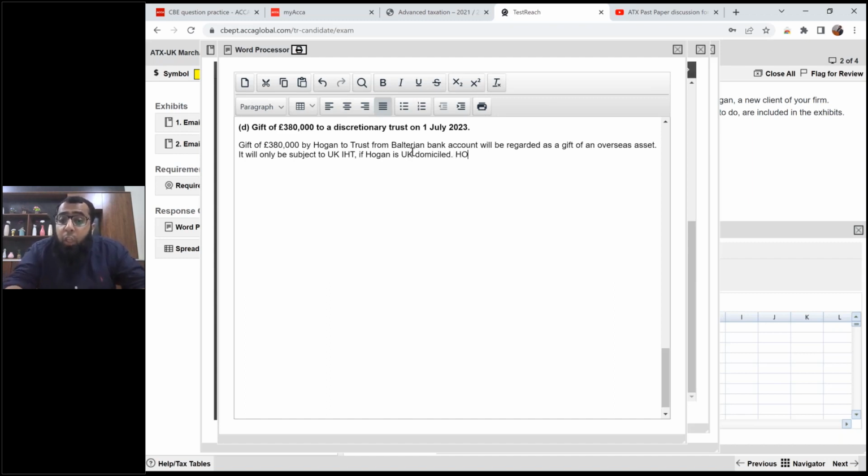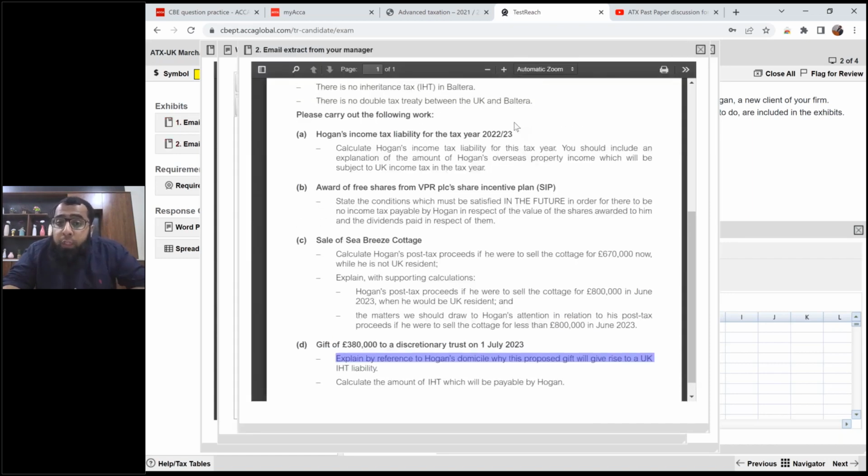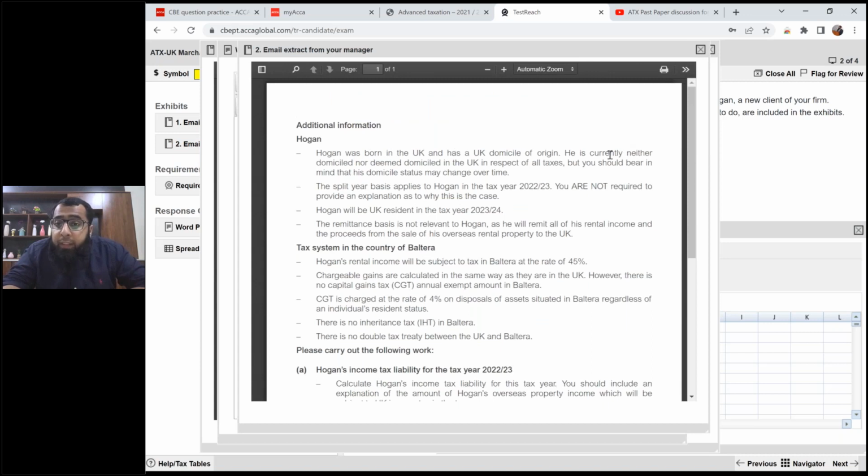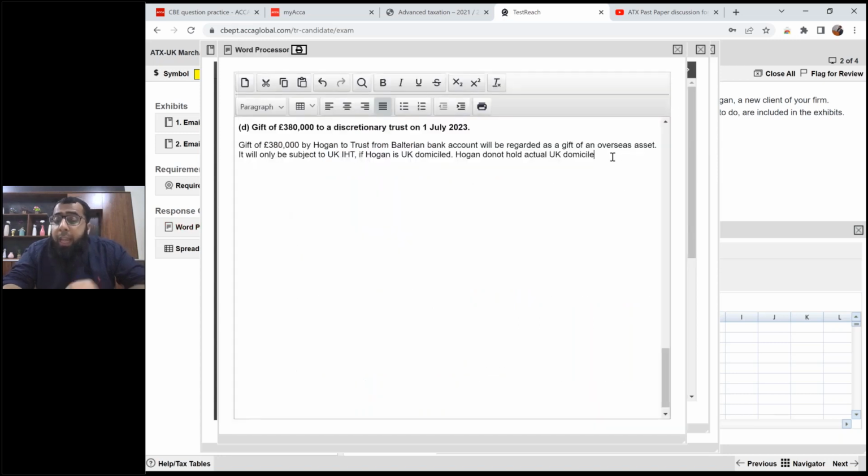Now, Hogan does not hold actual UK domicile. It is written in the question. He is currently neither domiciled nor deemed domiciled. Okay, Hogan does not hold actual UK domicile currently.